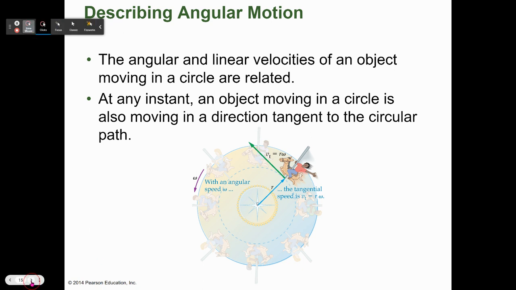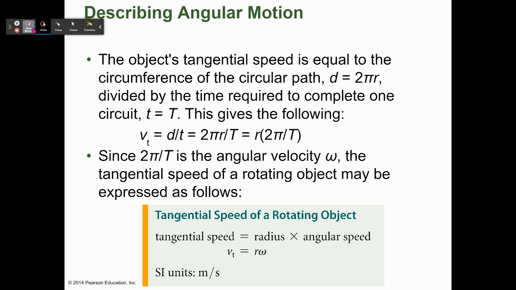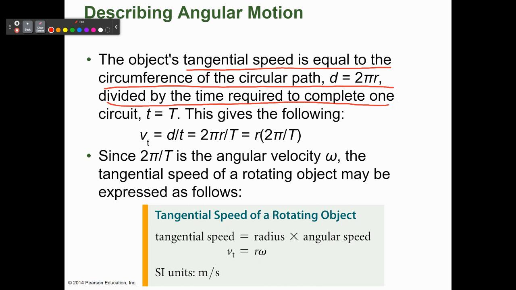And they are related to each other. So the relationship is given by this formula. The object's tangential speed, tangential meaning just the straight line, so its linear speed, is equal to the circumference of the circular path divided by the time it takes to complete that path. So if you could take that circular path and lay it out flat, which would just be the circumference of the circle, and you divided that by the time it takes you to go that circumference, that would be your linear speed or your tangential speed.